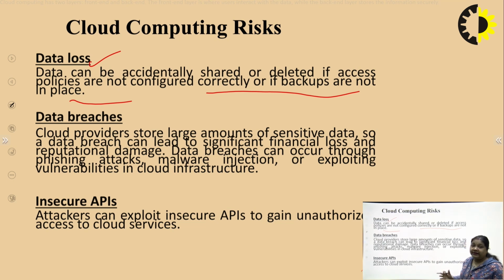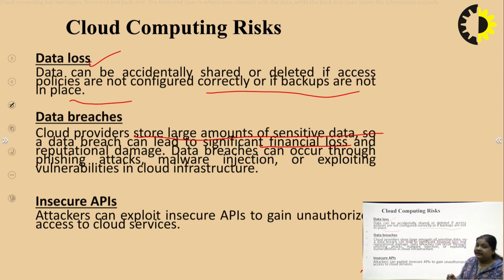Now the next one is data breaches. Cloud providers store large amounts of data. So a hacker can find some ways to leak that data, and it can result in financial losses and also reputational damage.